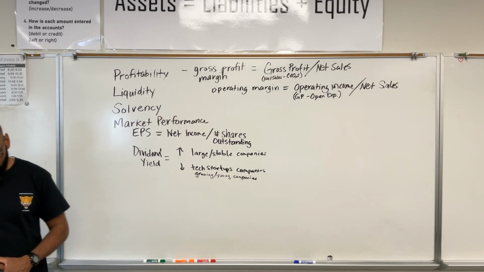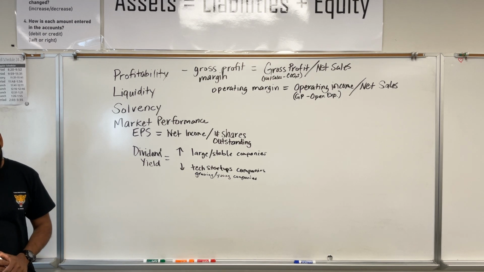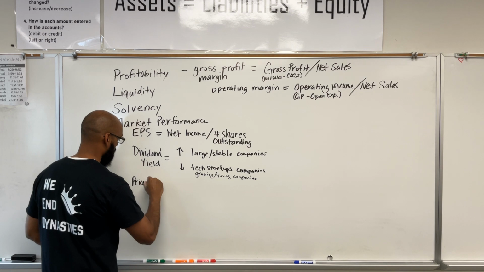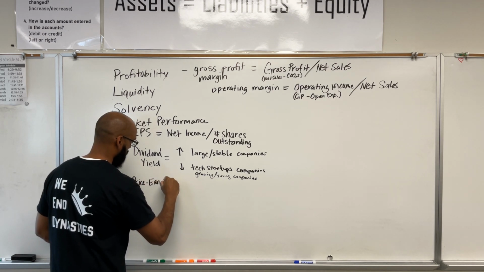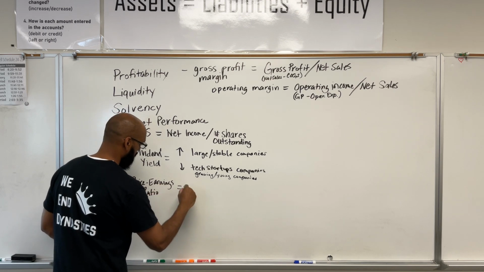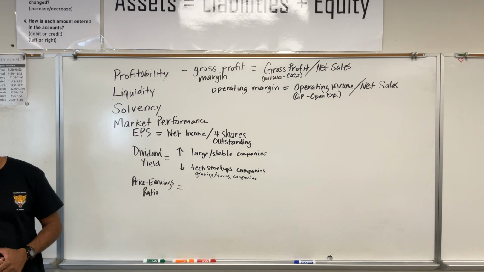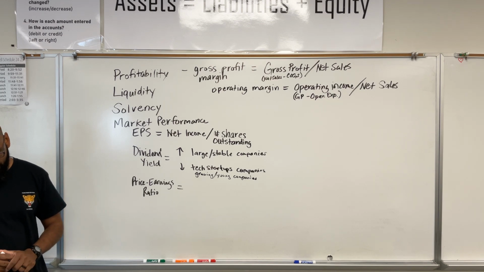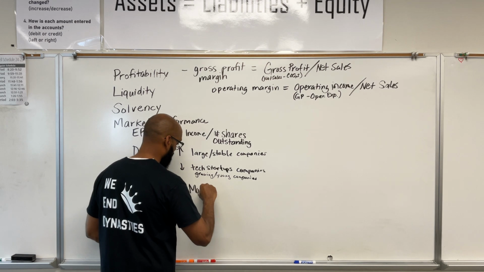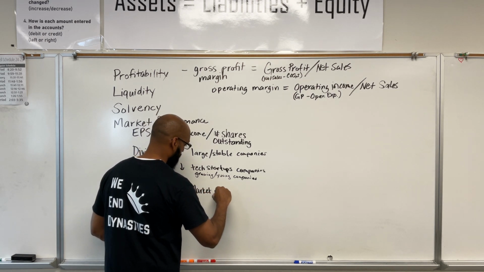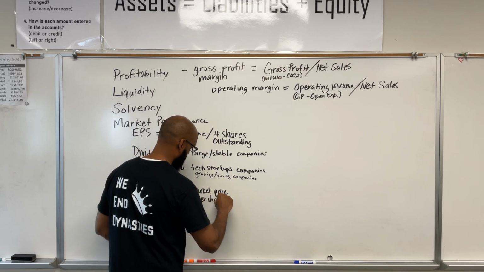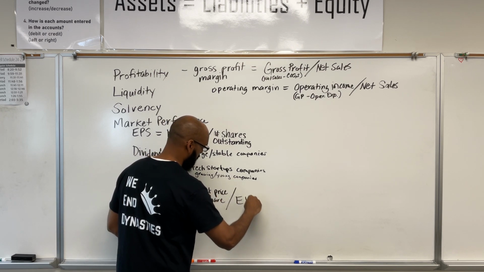And then the price earnings ratio, or the PE ratio. Your price earnings ratio equals your market price per share divided by your EPS. So whatever your market price is per share, divided by your earnings per share.